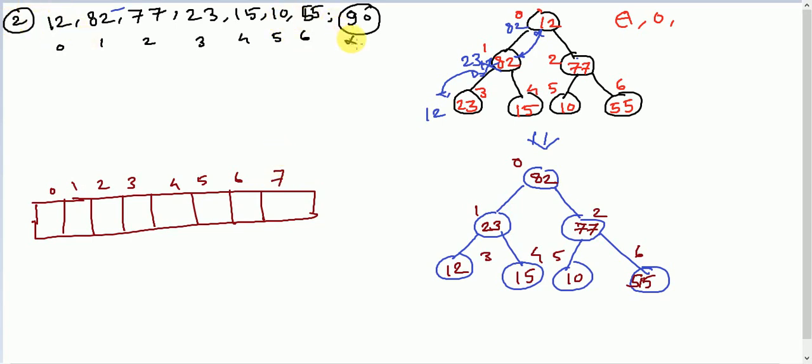Ideally, in index 7 the 90 is already there, so I'll have 90 here as it is.